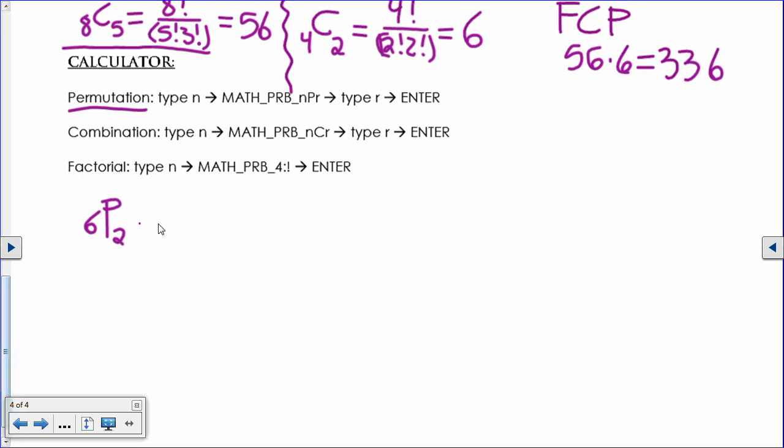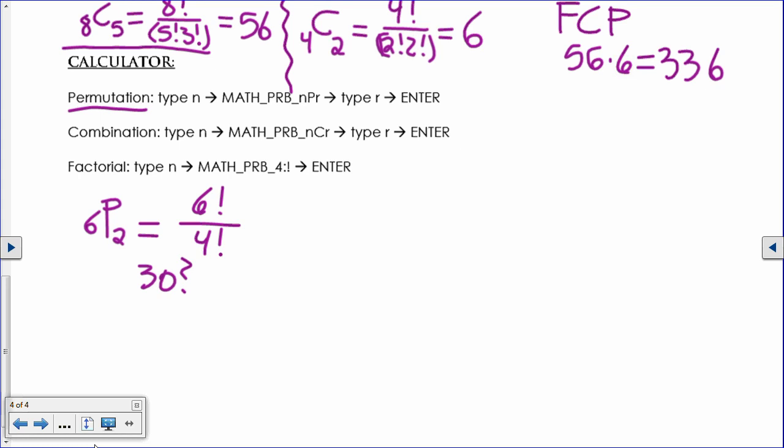Okay, let's see if that worked. 6 factorial over 4 factorial. What did you say the answer was? 30? Alright, I want you to do it the other way and see if you get the same number. Try 6 factorial divided by 4 factorial. Do you get 30?